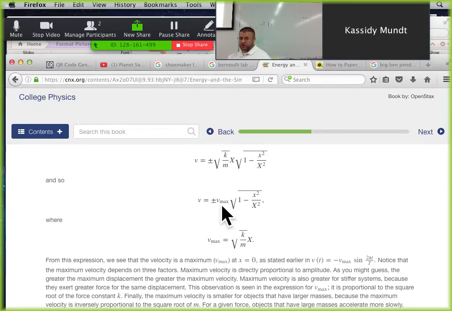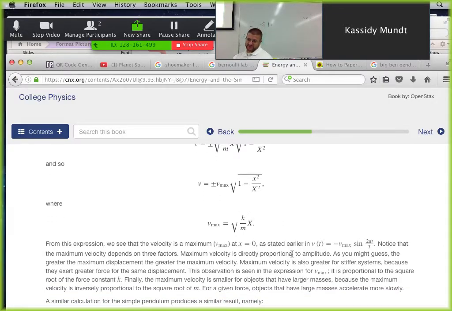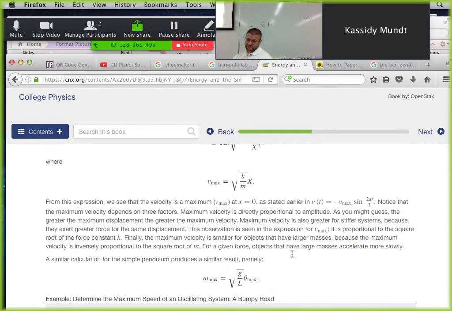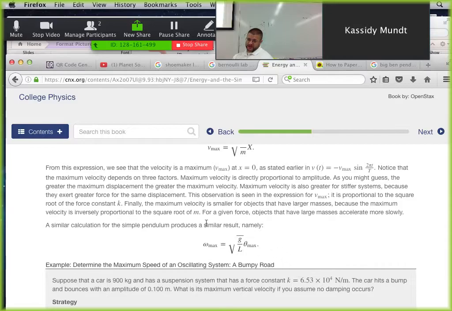Also, you can get the velocity at any point if you know the velocity max, and you multiply this by the square root of 1 minus your position divided by the maximum displacement, squared. Very interesting solution, I think. But you can also get this in a similar way for the maximum angular velocity of a pendulum, equaling the square root of g over L times the maximum angle.